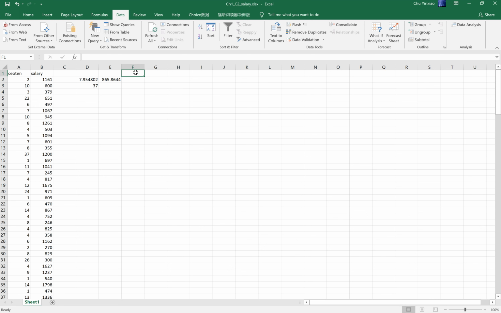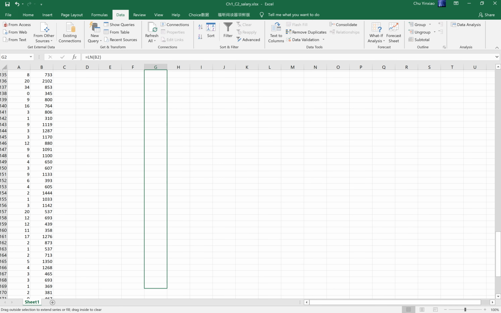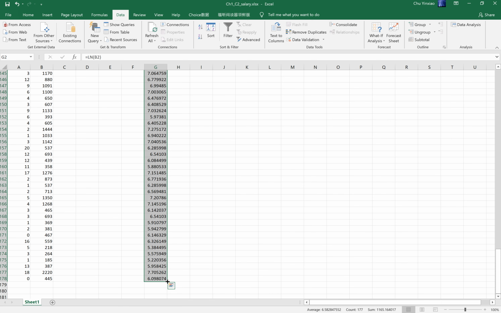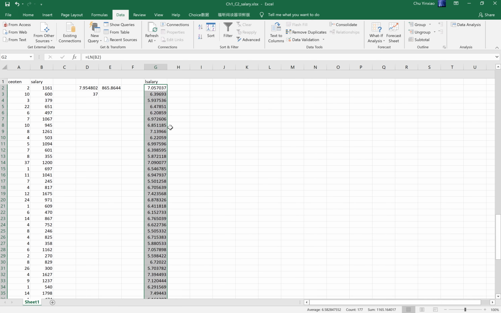Let me create a column for the log of salary, which equals the log of salary. So you do a log transformation, right? And double-click and drag down to row 178. Okay, so it gives you the log of salaries.